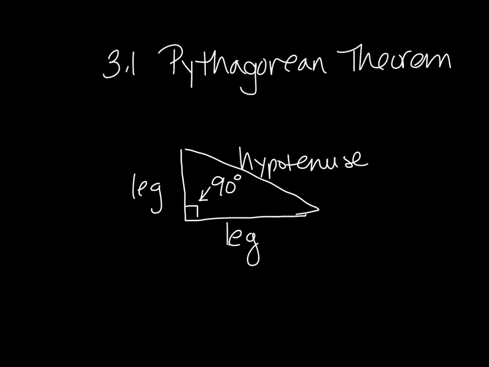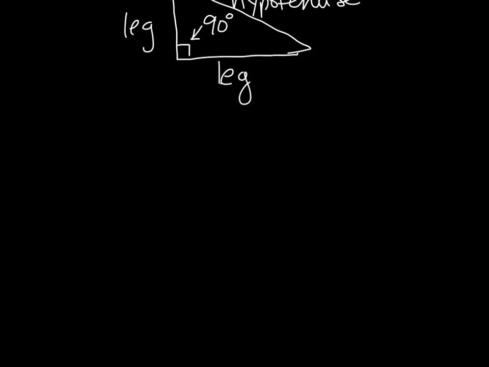Now, when we're talking about the Pythagorean theorem, we make this a bit simpler than just leg and hypotenuse. We label them A, B, and C. C is almost always reserved for the hypotenuse. A is reserved for the length of one side and B for the other side.